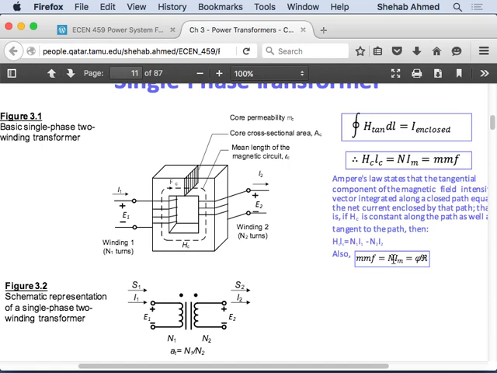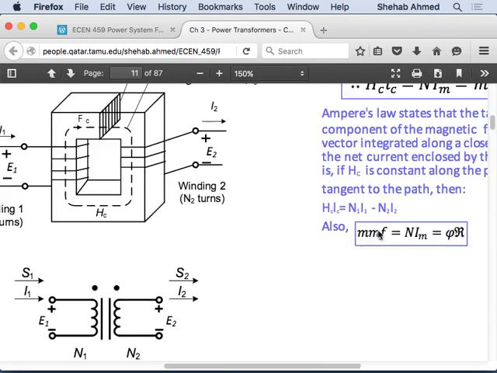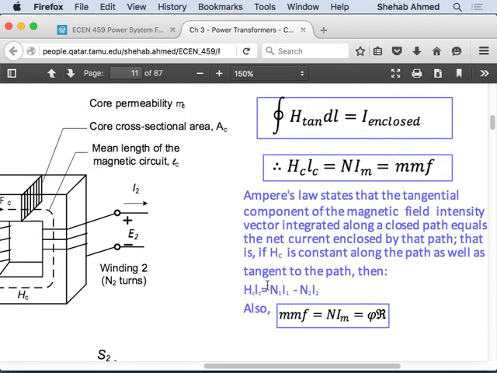So here, I think we wrote it here as well. The magnetic field intensity in the core multiplied by the length is equal to N1I1 minus N2I2. For now, we will assume the N are equal, then we will call this N1I1 minus N2I2 N times Im.